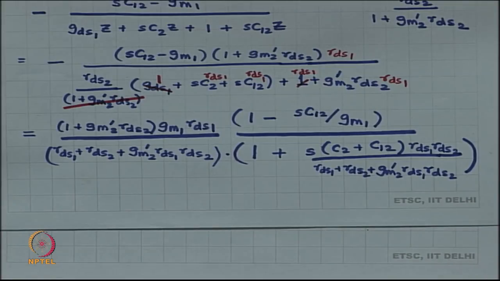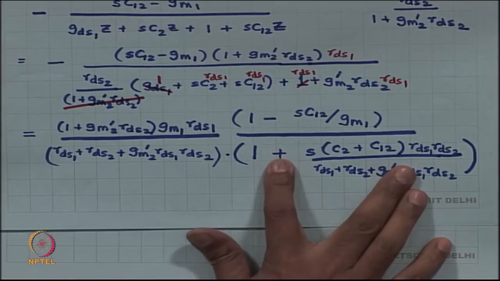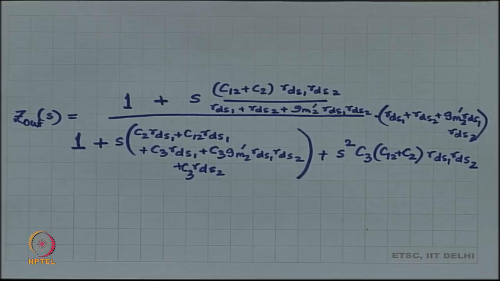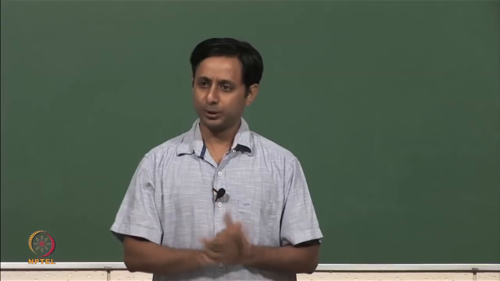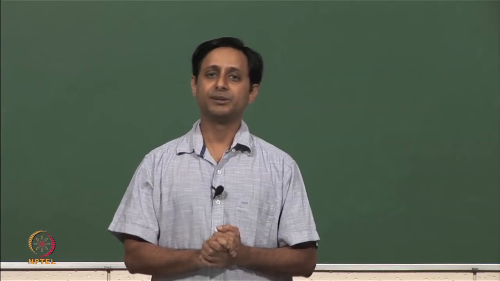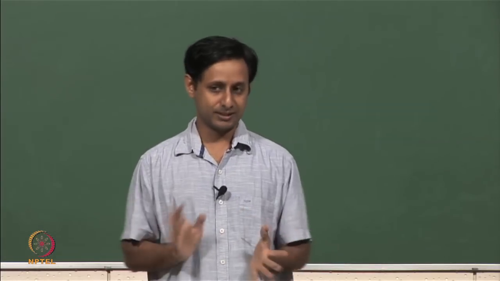The 0 of the output impedance cancels out with the pole of the transconductance. So, the transconductance effectively provides only this 0, right. The pole of the transconductance will cancel out with the 0 of the output impedance when you multiply them together. Okay. The overall poles are contributed only by the output impedance. So, if you work out only the output impedance, right, if you look at the output impedance and work out just the poles of the output impedance, you know the poles of the system.